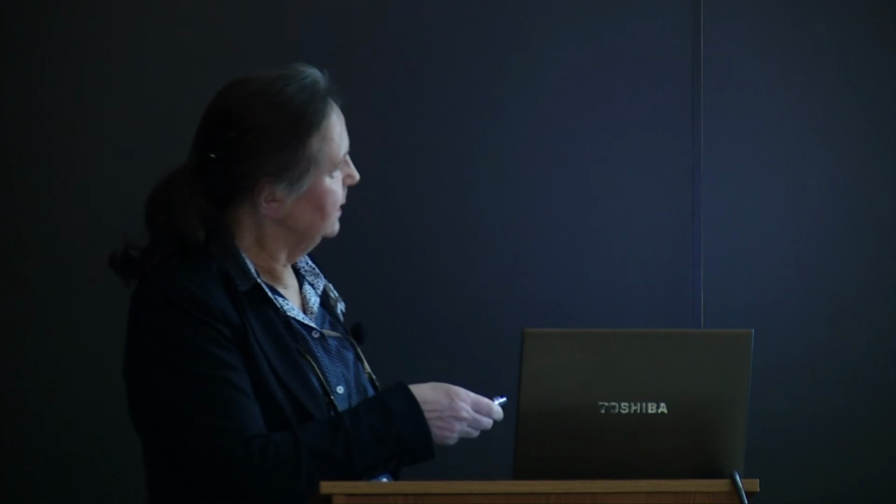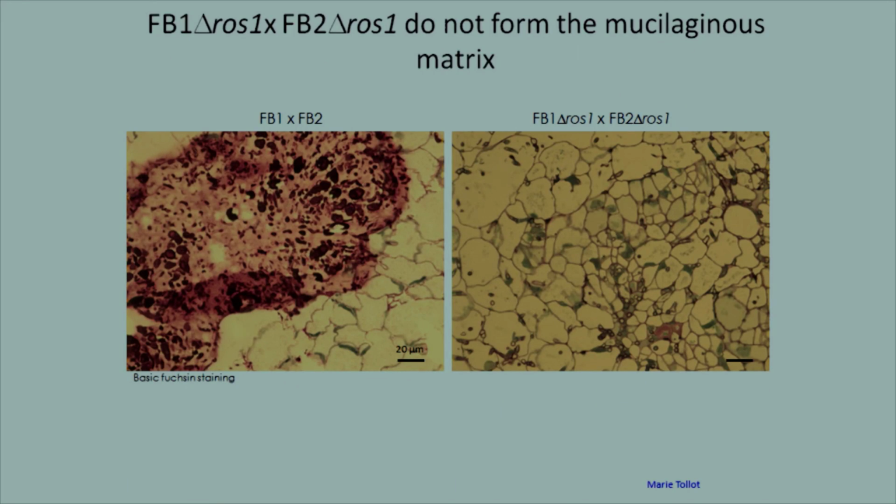What is also completely missing is the polysaccharide, for which we do not know the nature, but you can stain it with basic fuchsin, and it gives you this red coloring. This is completely absent in the ROS mutant infected tissue.